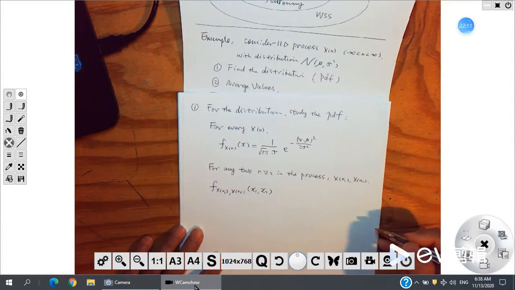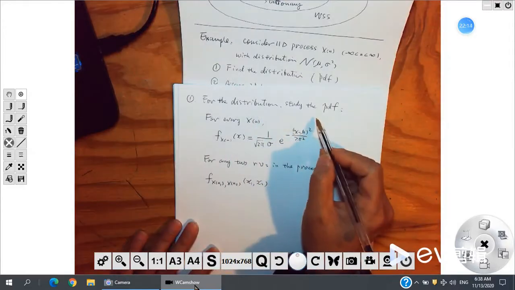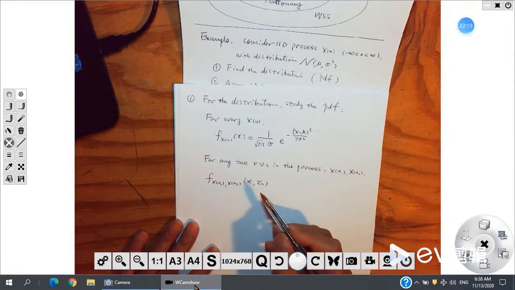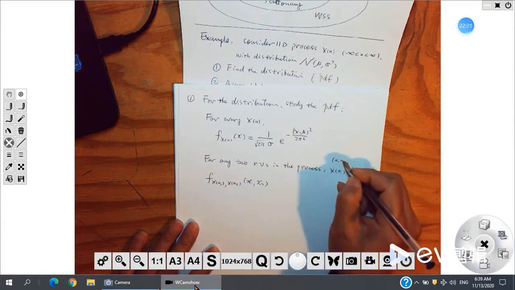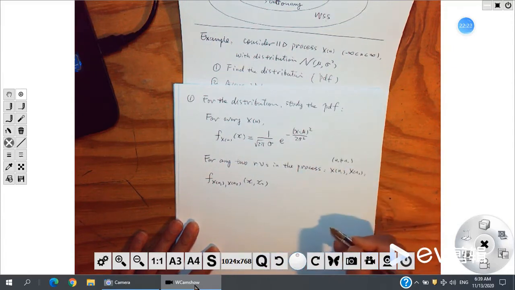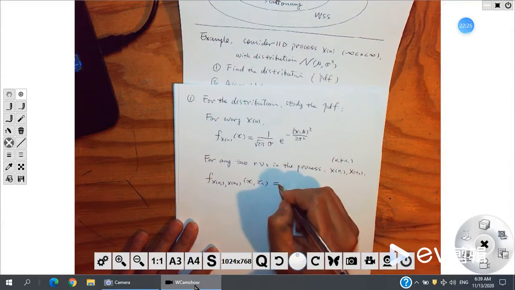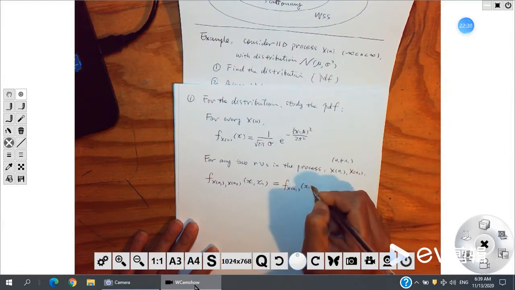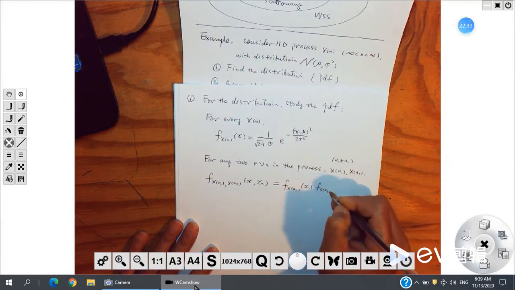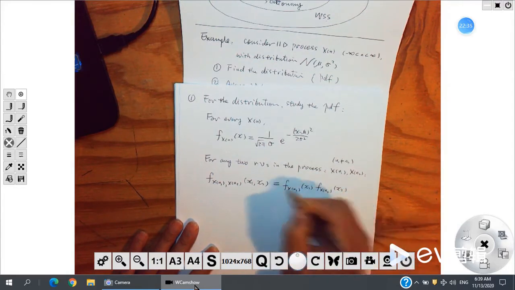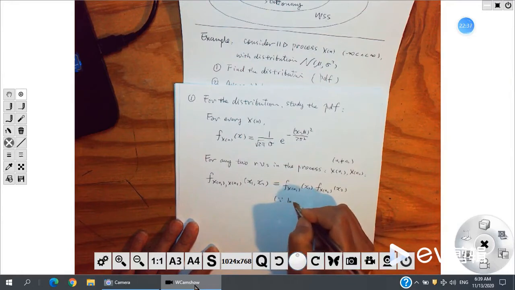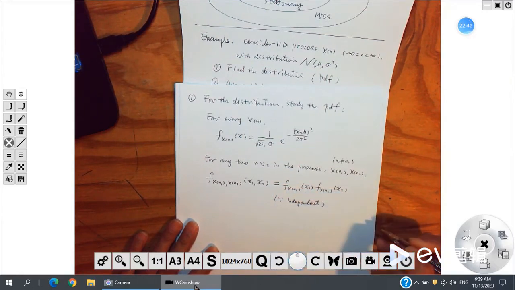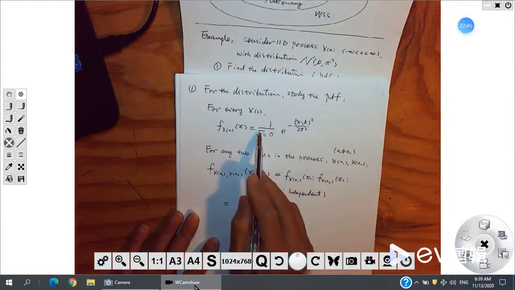We know it is an IID process, so for different n, they are independent. Of course, here n1 does not equal n2. Because they are independent, it equals f x n1 times f x n2. So you just multiply the two things like this.